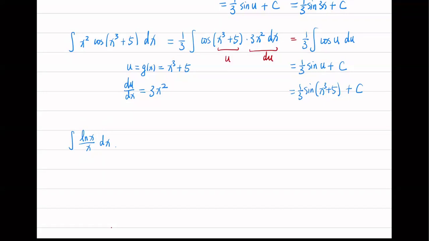Okay, so it's not easy. So we will write this as the product. Okay, so now we want to use substitution. So some function whose derivative is 1 over x. Sophia, any function whose derivative is 1 over x? Natural log of x.